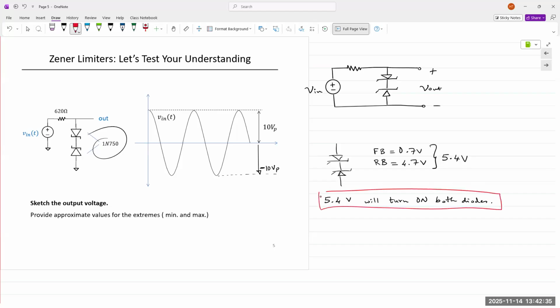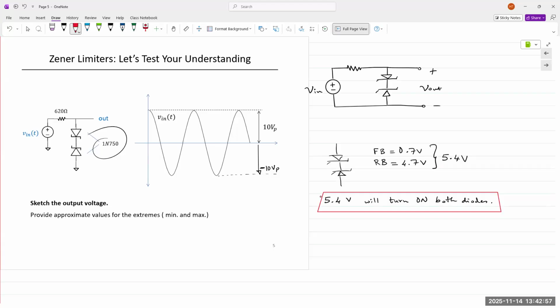And because they are connected in the same series branch, it's an all or nothing proposition, meaning both the diodes will be on at the same time and both will be off at the same time, right? So the voltage must go above 5.4.